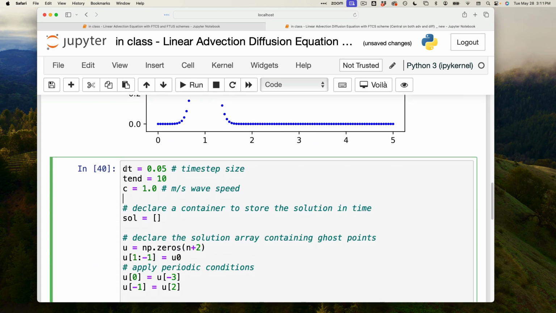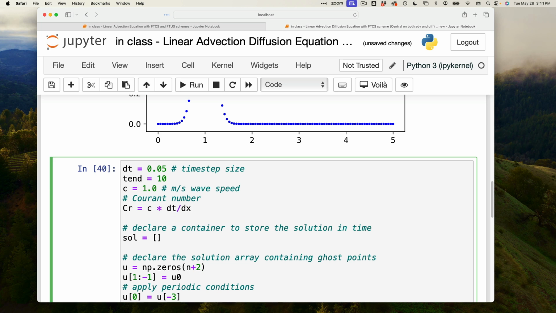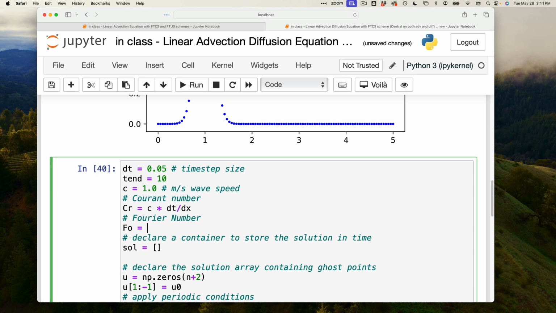So once I determine delta t and the wave speed, I will define my Courant number. R equals C times dt over dx. And the Fourier number is mu times delta t over delta x squared.